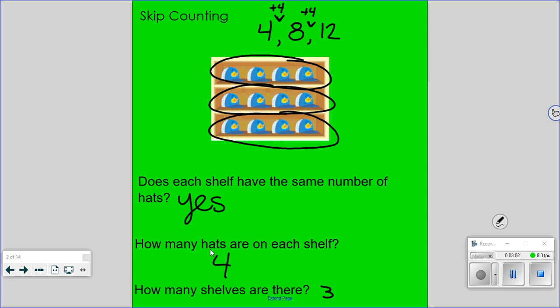If you aren't super great at skip counting by 4s yet, use your fingers. Start at 4, make a fist, and then put your finger up for 4 more numbers. So we have 5, 6, 7, 8. So that's my next skip count. Again, I'm going to start at 8, and then put a finger up for 4 more numbers, 9, 10, 11, 12. So that's how I'm going to skip count by my 4s.